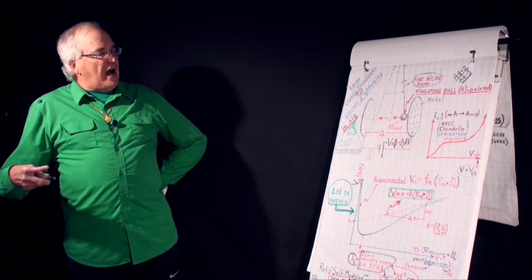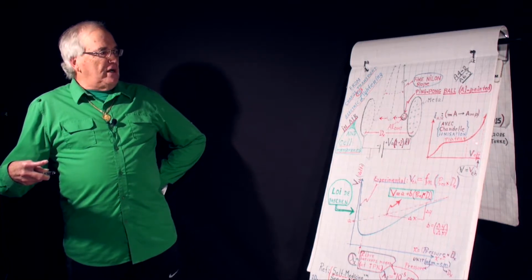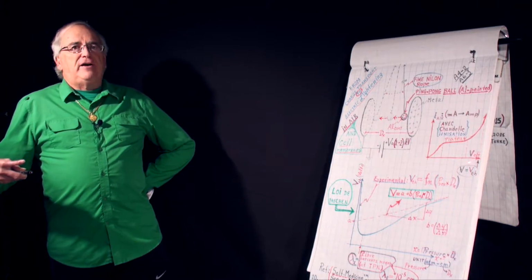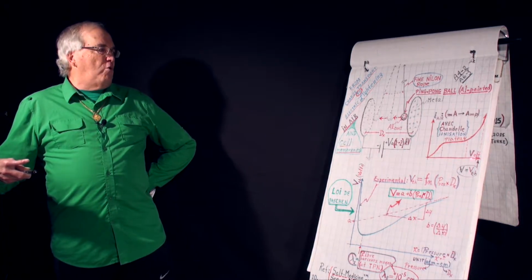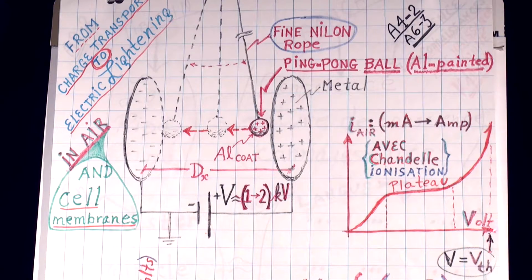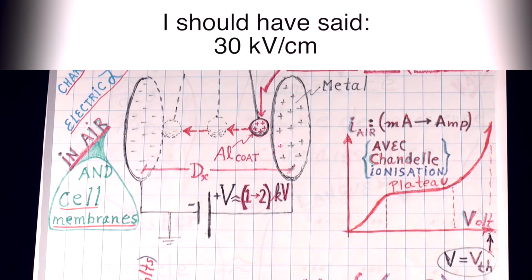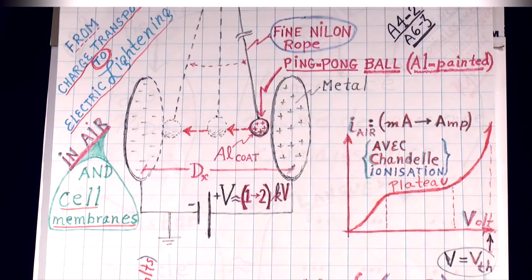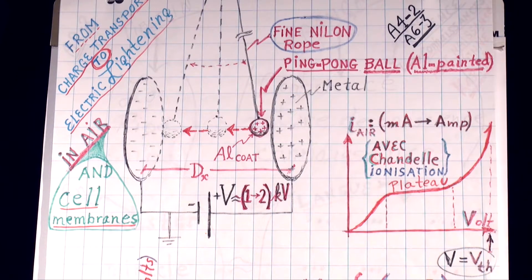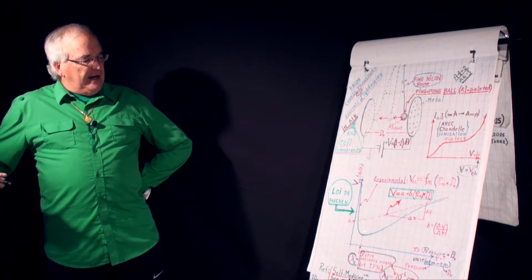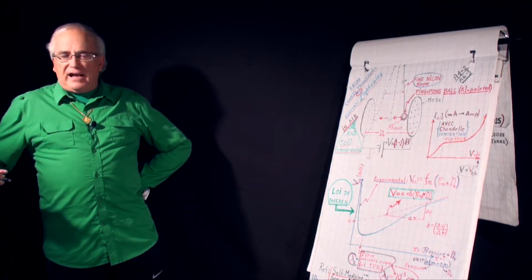When you reach a high enough voltage, which is something like 75,000 volts per inch, or 20 or 30 volts per centimeter, then you reach what we call the threshold voltage for disruptive discharge across the cell membrane or in the air, which causes electric lightning.